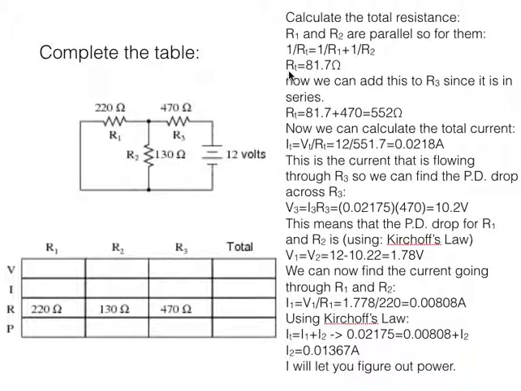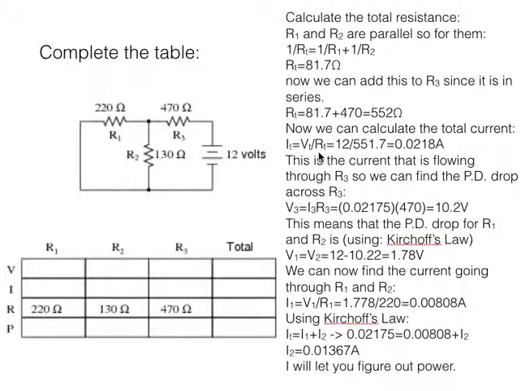With that, I'm going to add that answer to the 470 ohm resistor that's in series. Therefore, that gives me the total resistance of the whole thing. Once I know that, I know the total EMF gain, 12 volts, so I can figure out the total current flowing through this.